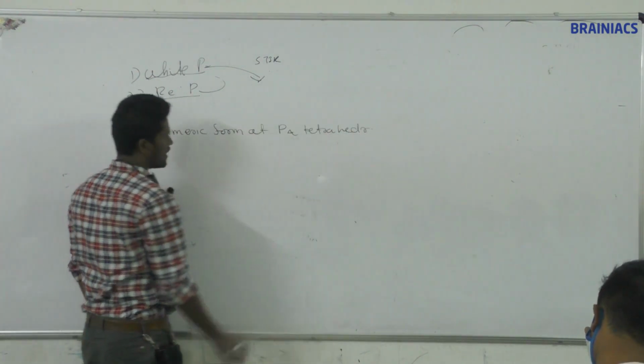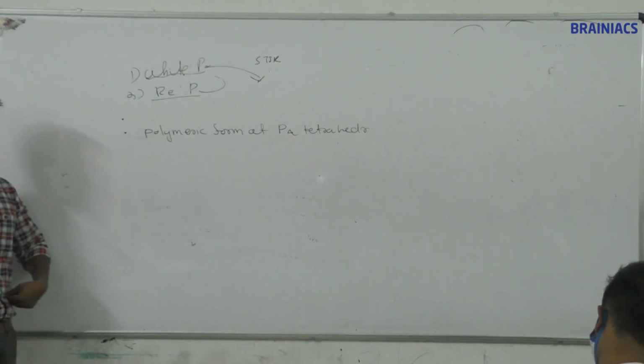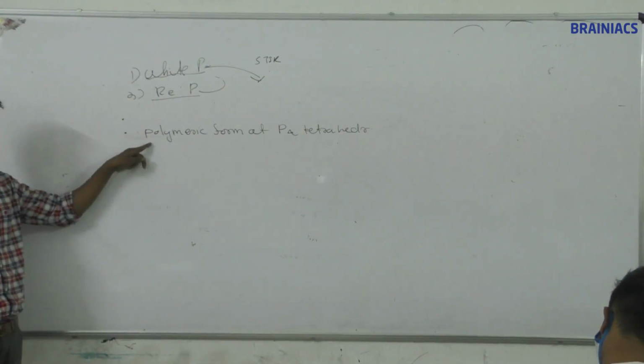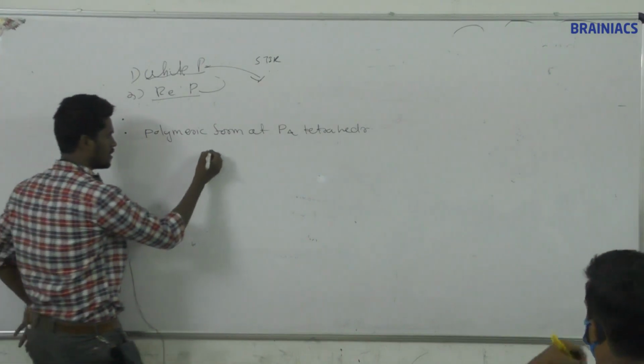So red phosphorus and black phosphorus are polymers of what? P4 tetrahedra. So they are polymers.